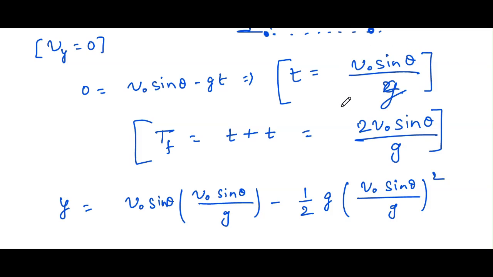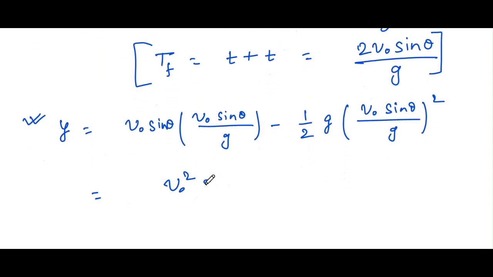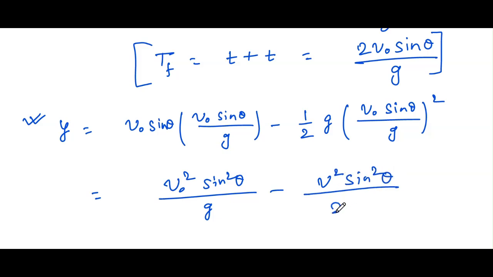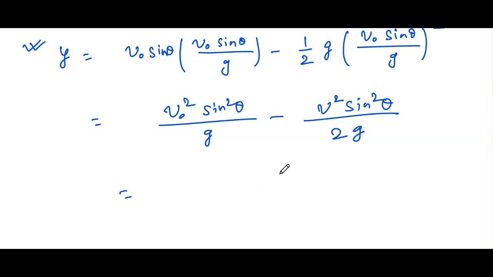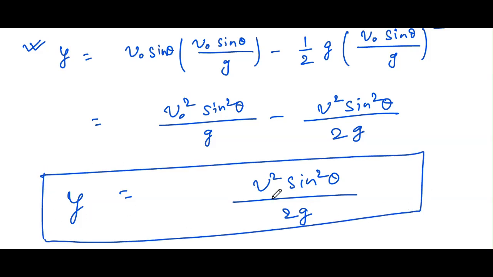Because this is the time of ascent, meaning the time to reach the maximum height. So if we put this time in the equation of y, we can get the maximum height up to which this projectile is reaching. So we can solve this. This will be v naught square sin square theta by g minus v naught square sin square theta by 2g, and ultimately it should come v naught square sin square theta divided by 2g. So this is the maximum height attained by the body.